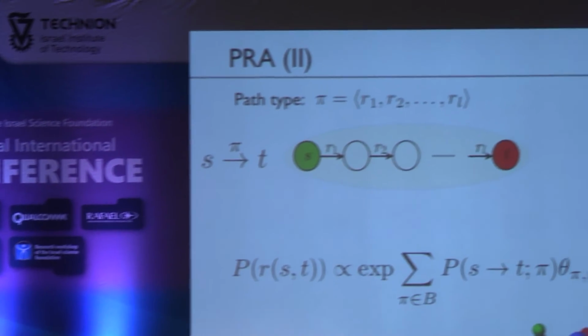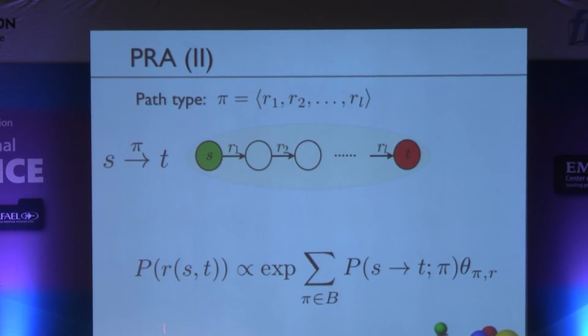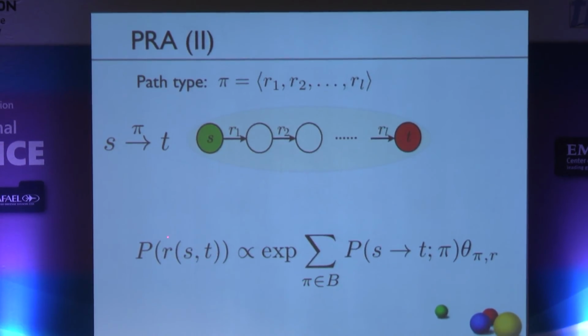And what we're going to do is essentially a logistic regression model. It says, what's the probability there is a relation R between S and T?